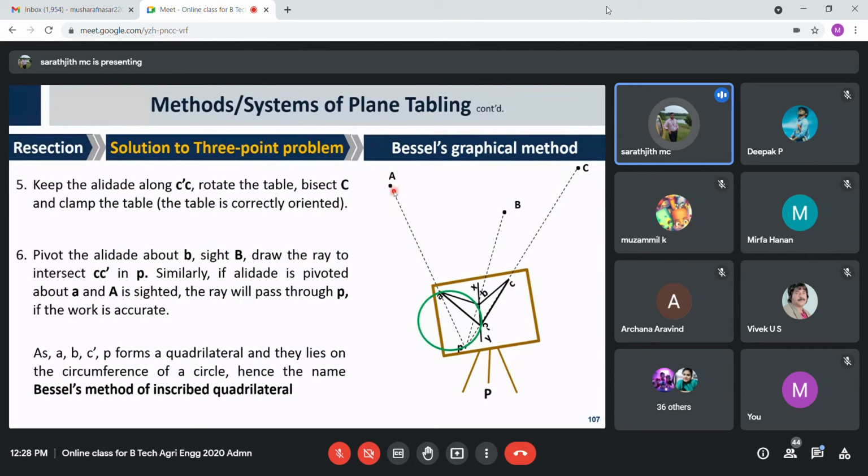Initially we sighted at point A, then we drew a ray towards C, then we rotated the table, then we sighted point B, and again we drew a ray after bisecting the instrument station C. Then we further verified the orientation by placing the alidade along CC dash. Then we extended the rays at that particular orientation towards B and A, and we verify that all these rays meet in one point, which we label as point P, which is the instrument location which we want.